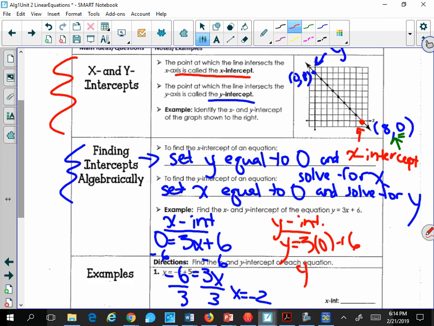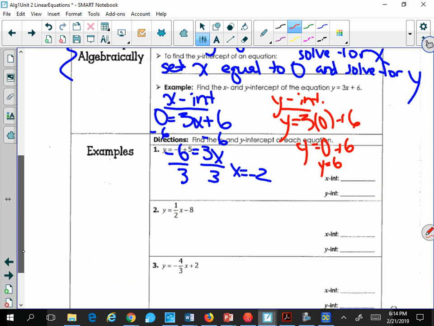But when I multiply anything by 0, this becomes a 0. So then my y-intercept just becomes y equals 6. And that's really all I'm doing for all of those. I'm not really going to go through a lot of those examples. I'll let you guys do that on your own.